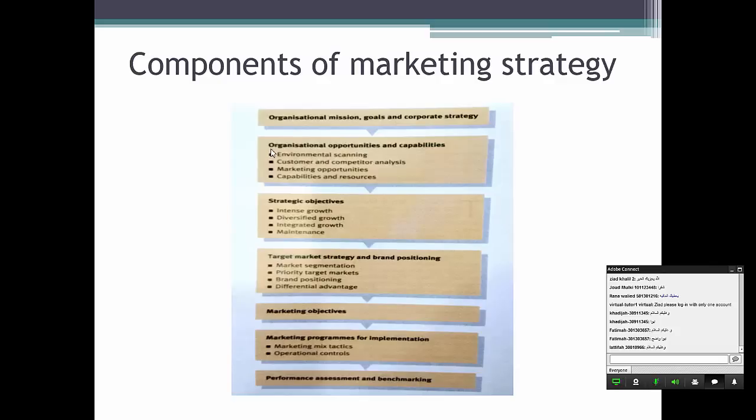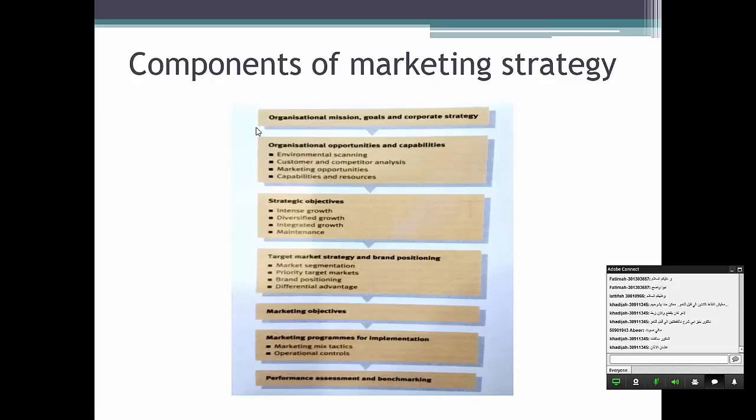And the third one is integrated growth. If you depend on suppliers, some companies try to integrate with those suppliers. The fourth point here is the target market strategy and brand positioning.